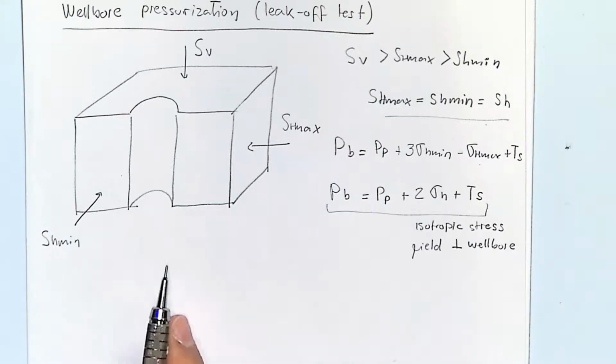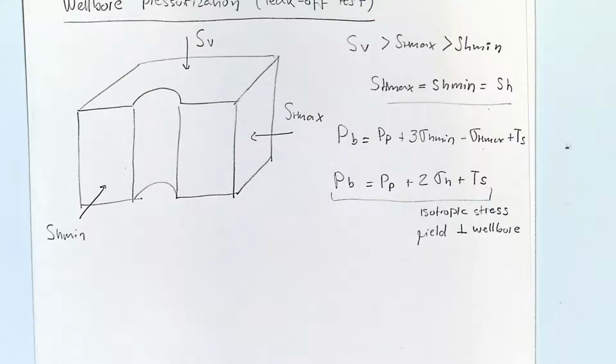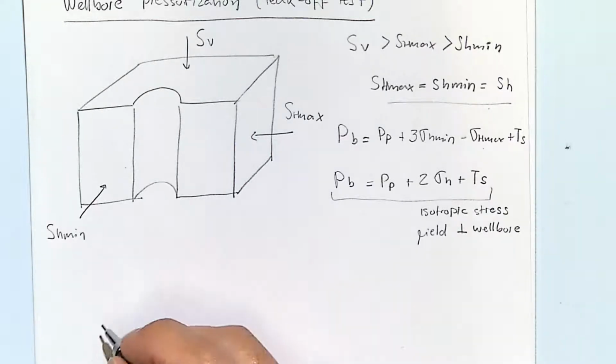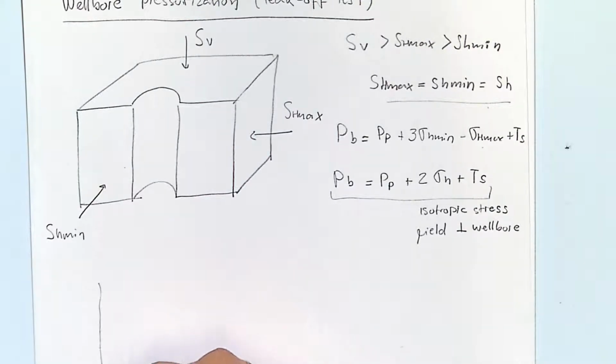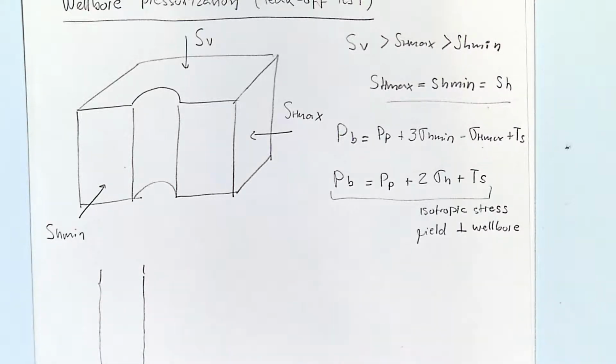And for that, I'm going to assume something now a little bit more realistic. It's going to be a problem in which we're doing a leak-off test. If you remember, a leak-off test, it's a test done by drillers. So they get to a point in which they stop drilling.